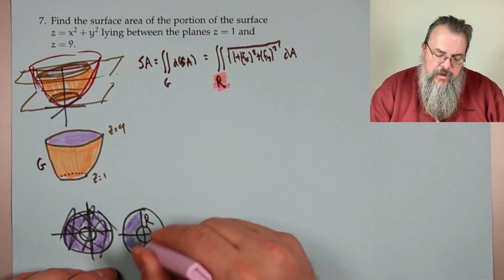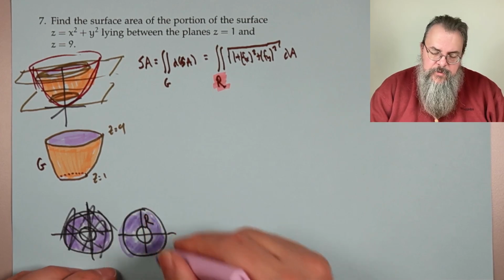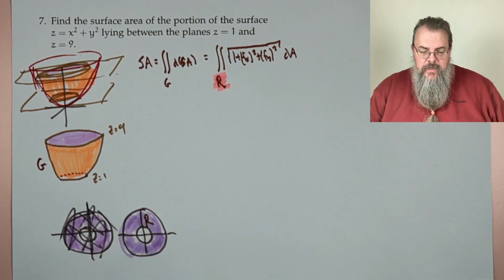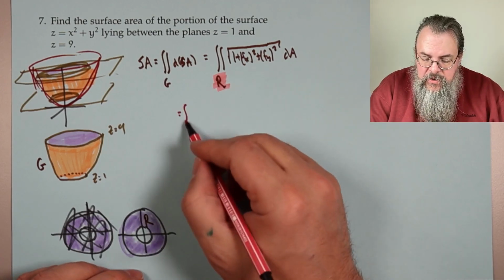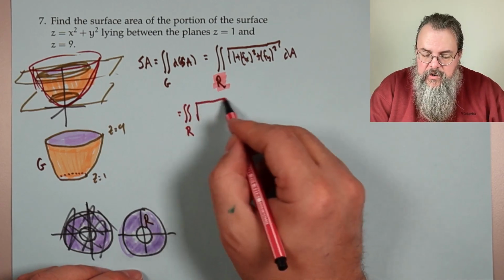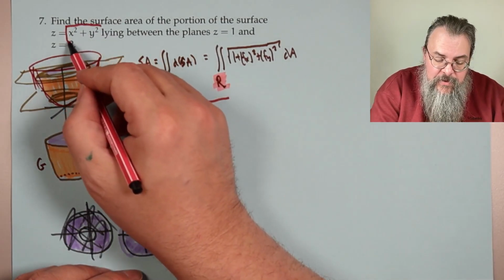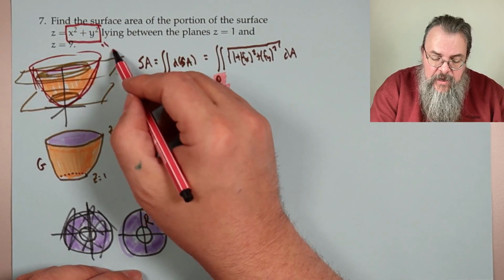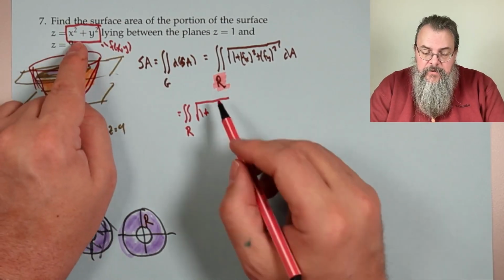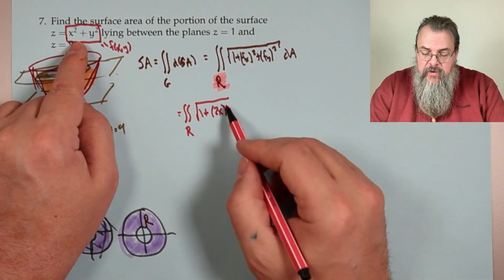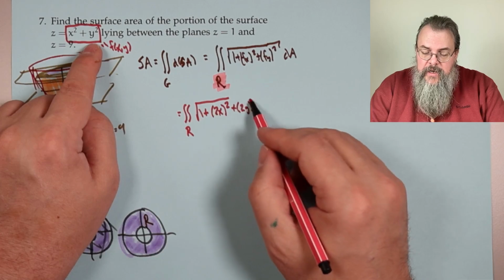Now with that out of the way, let's start our computation. We have the integral over our region of the square root of 1 plus f sub x squared plus f sub y squared, where f is the surface, so this is f of xy. f sub x, the derivative of x squared, is 2x. f sub y, the derivative of y squared, is 2y.